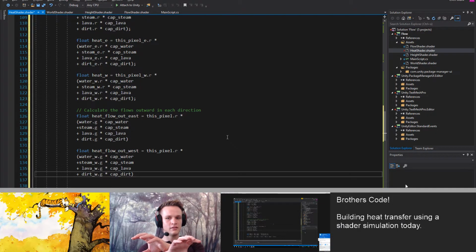You see what I'm saying? Consider a situation where I have water in my cell and steam in the other cell. Let's just say we're at the same temperature, it doesn't matter. This isn't going to affect temperature, but it will affect the heat calculation.